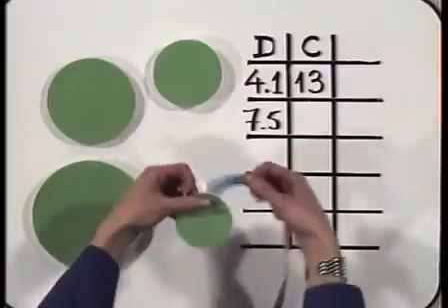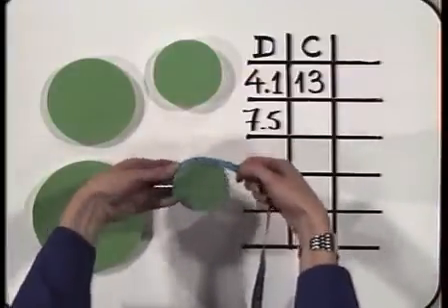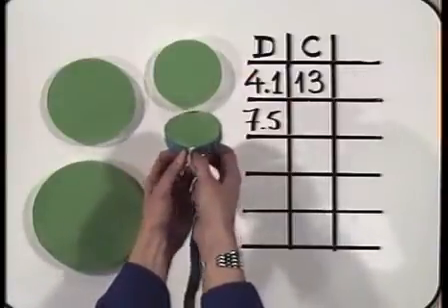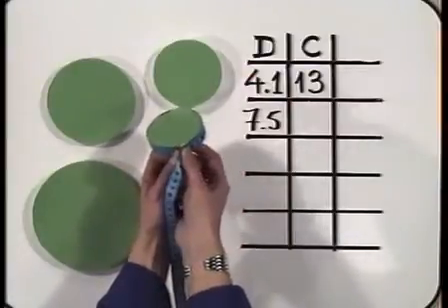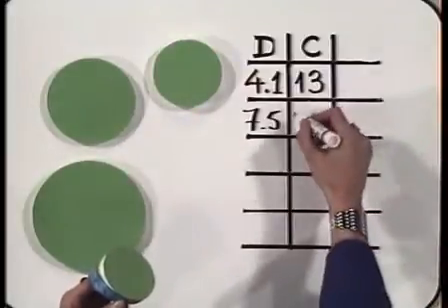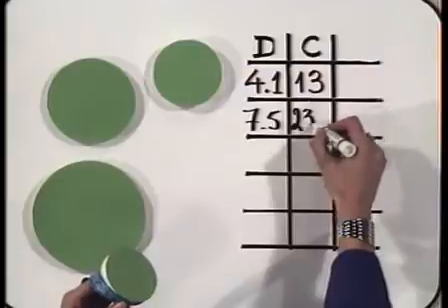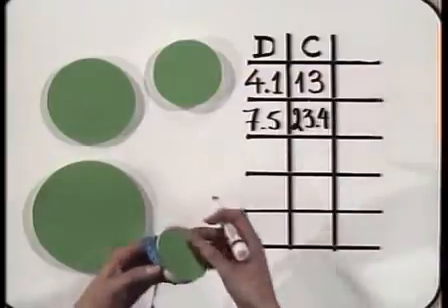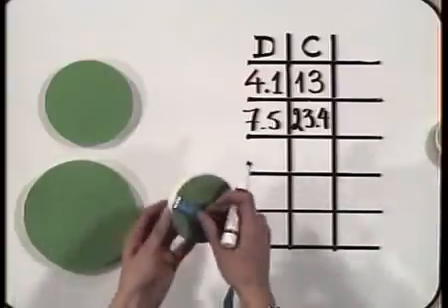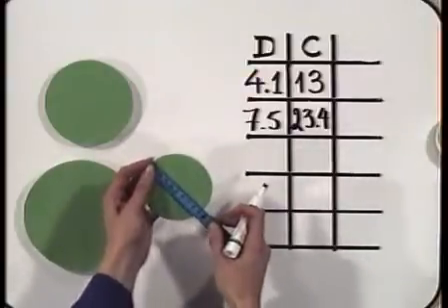And the circumference is approximately 23.4. Let's do one more. Let's take the third circle and measure the diameter.